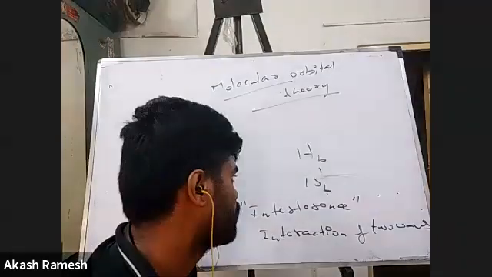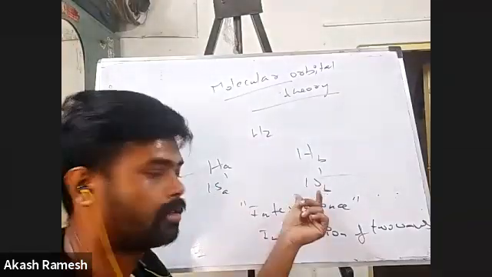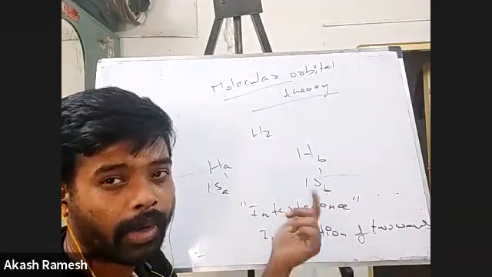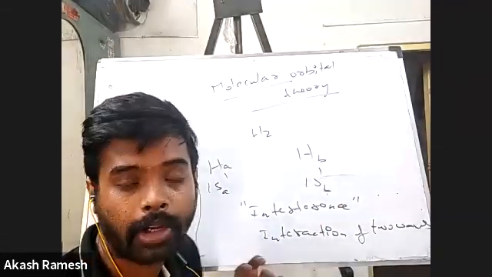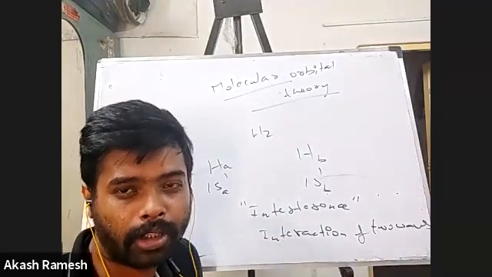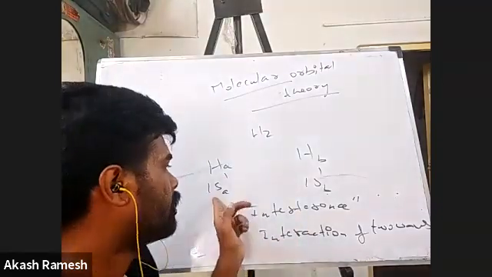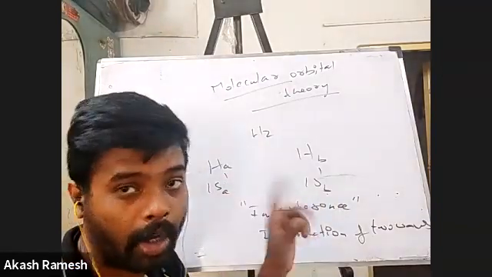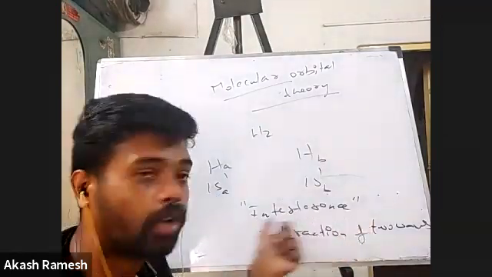Yeah, sure. So we're talking about this H2 molecule, right? I have one s orbital for one hydrogen, and another s orbital for the other hydrogen. We already know from quantum mechanical theory that all atomic orbitals have their own type of waves. They are nothing but the wave function. They are in the form of waves. If these two orbitals combine, in the sense the waves interact, the waves are going to undergo interference.